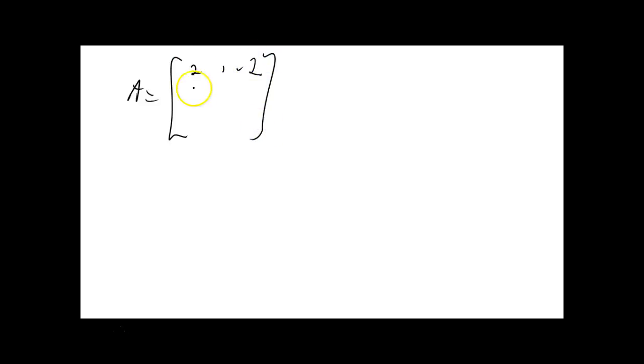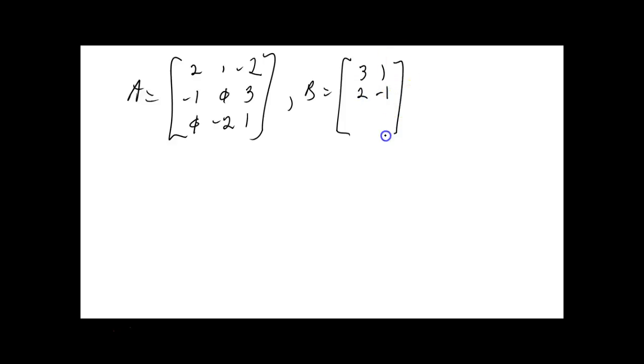Negative 1, 0, 3. 0, negative 2, 1. Okay, that's A. Here's B. 3, 1. 2, negative 1. And 3, 0.